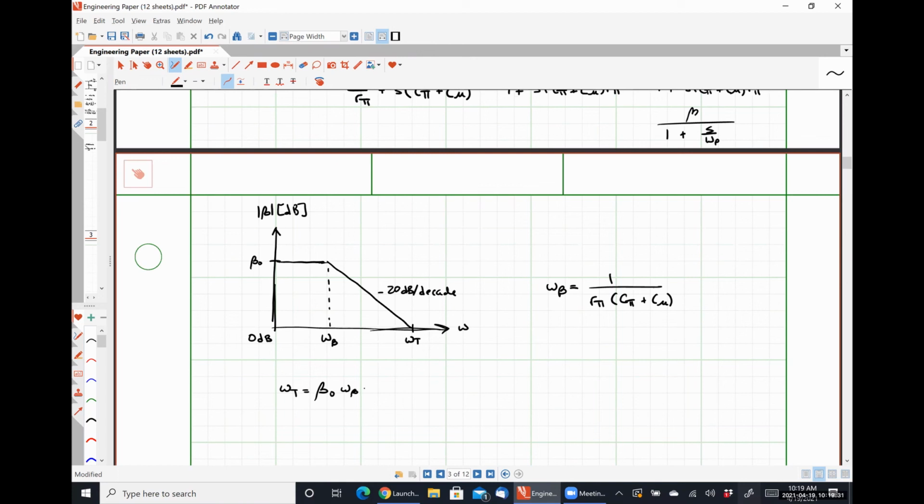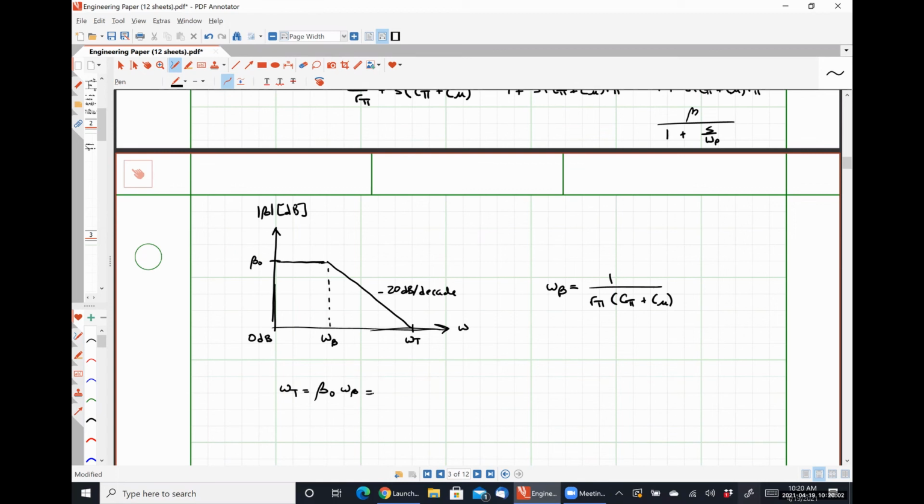Our pole frequency here, or our minus 3 dB frequency, they are one and the same, represents the bandwidth of this low pass filter. So I can multiply the bandwidth of the low pass filter by the gain of my circuit, and I get the gain bandwidth product, which must equal 1, which is by definition my unity gain frequency, okay? So I can manipulate this a little bit.